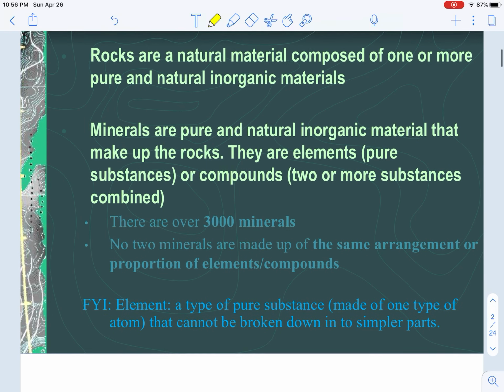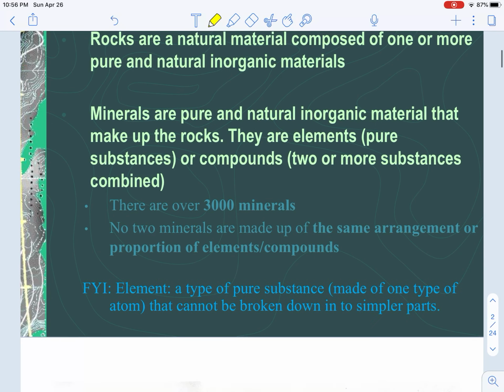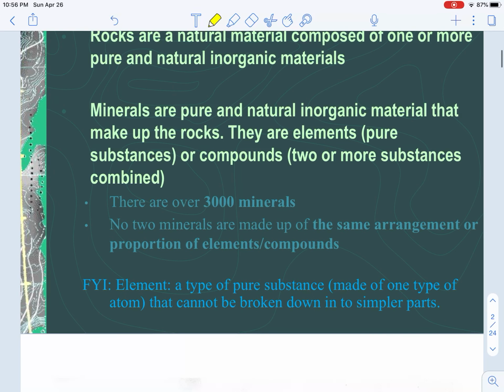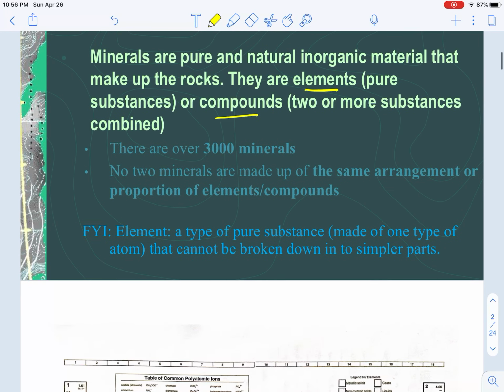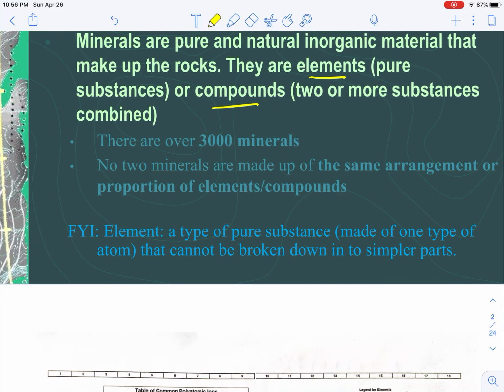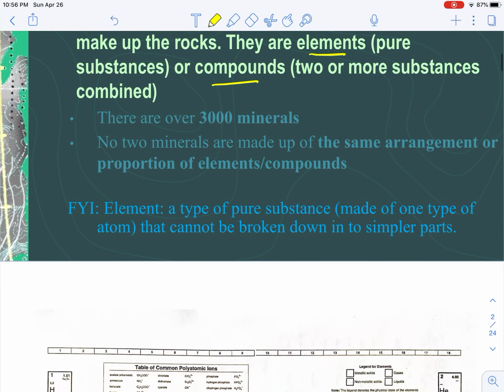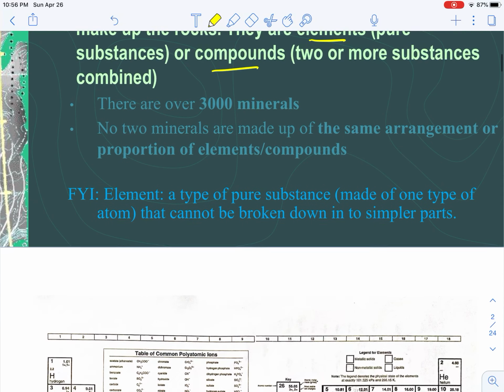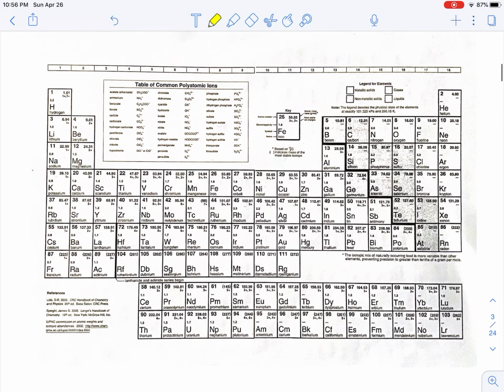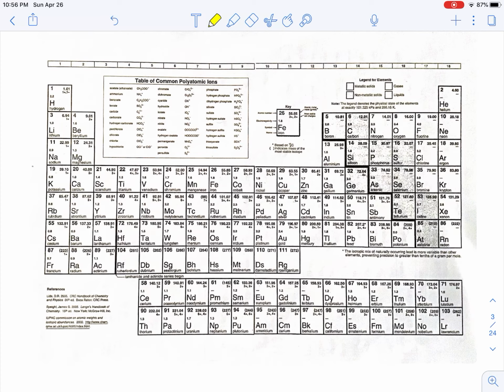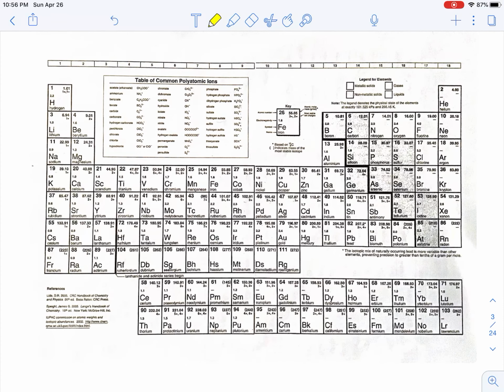Whereas the word mineral means that it is a pure substance, and it's either an element that you would see on the periodic table, or it would be a compound, which is two or more of those elements. And there are over 3,000 known minerals, and they are made up of either an element or a compound.